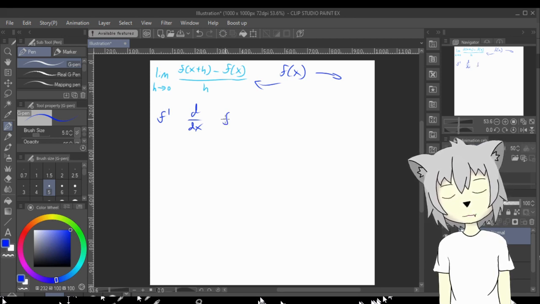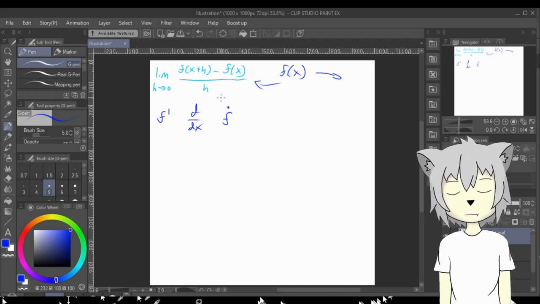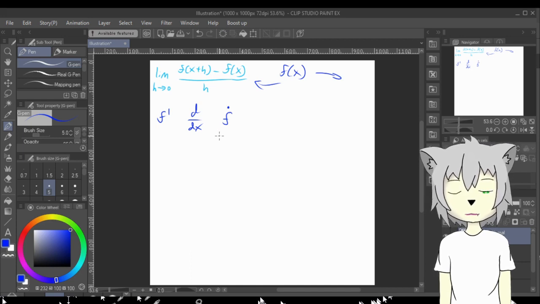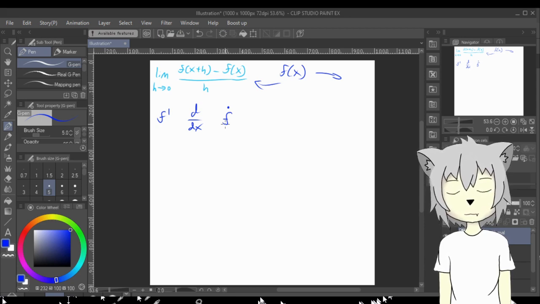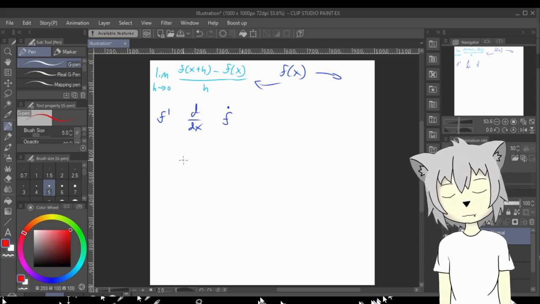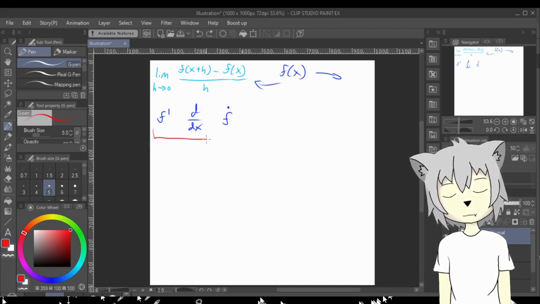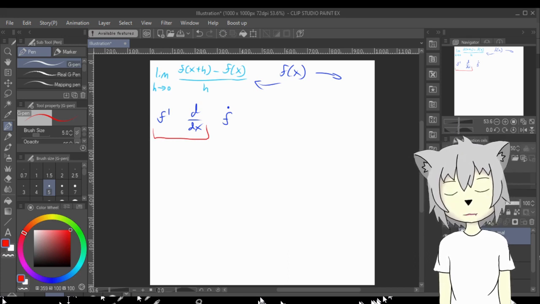And I think there was also f dot, which I don't know what it's actually called, but call it f dot. We probably won't be using that notation anytime soon. I've mainly only used these notations throughout my high school and college stuff.